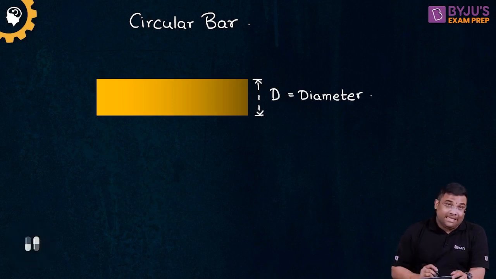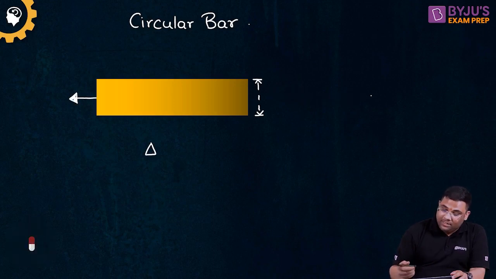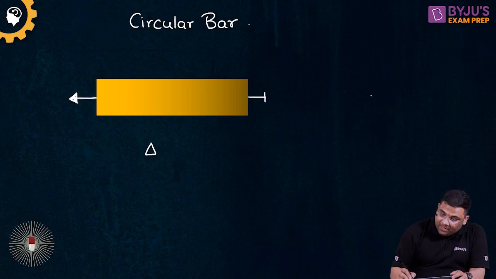Now, if we see the deformation of such a bar under axial load P, suppose we have axial load P acting on this particular bar. The deformation equation we just saw is PL upon AE.